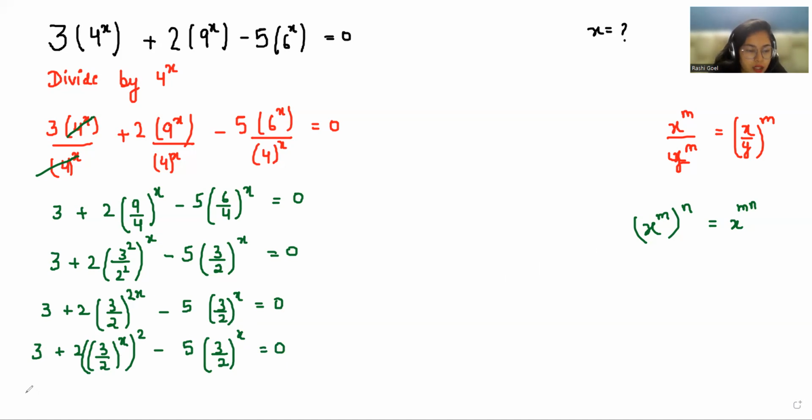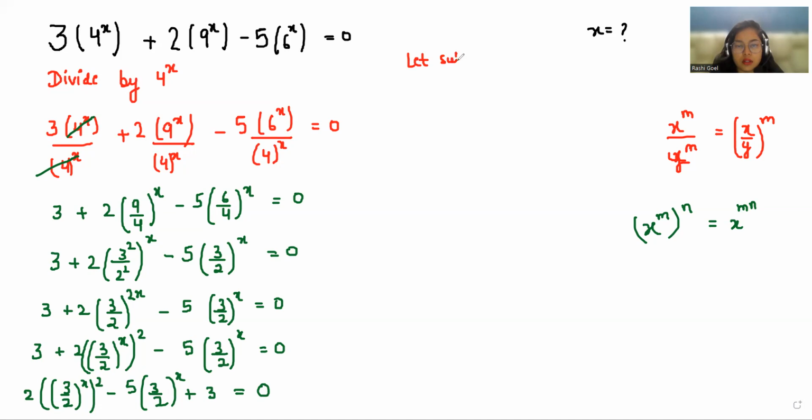Now I can arrange this equation as first this, then minus 5, 3 by 2 whole power x plus 3 is equal to 0. Now let's substitute 3 by 2 power x as y.